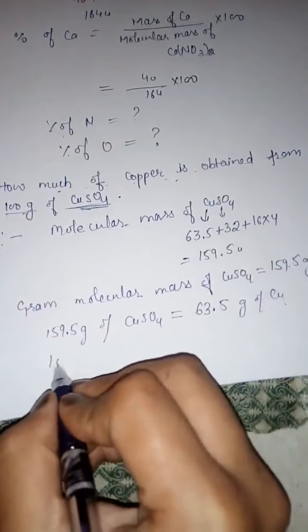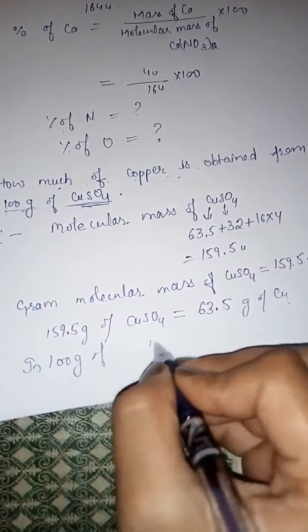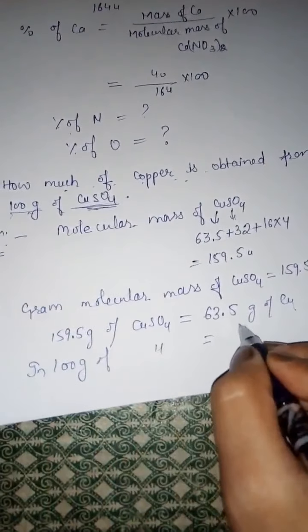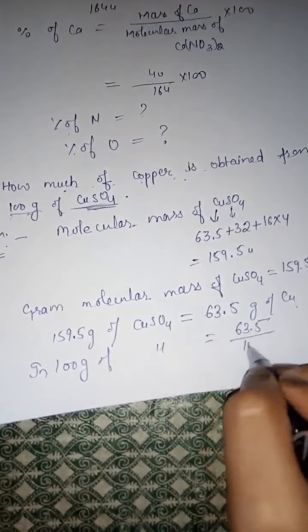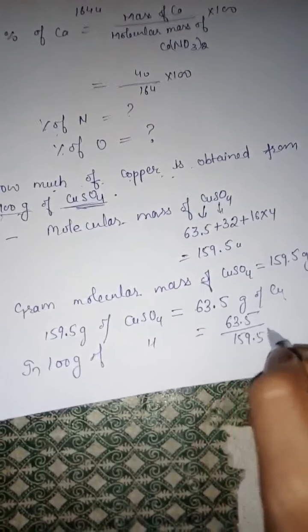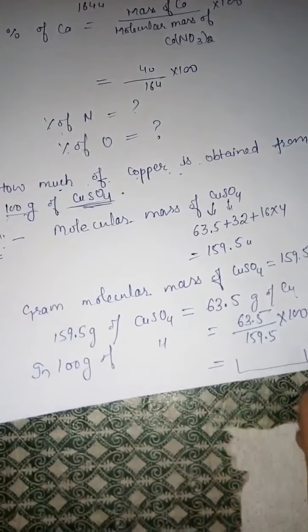So in 100 gram of copper sulfate, how much copper will be there? 63.5 divided by 159.5 multiplied by 100, and you will tell this value.